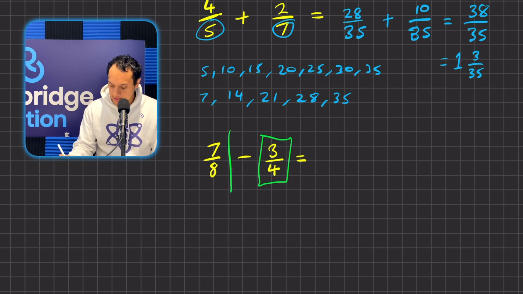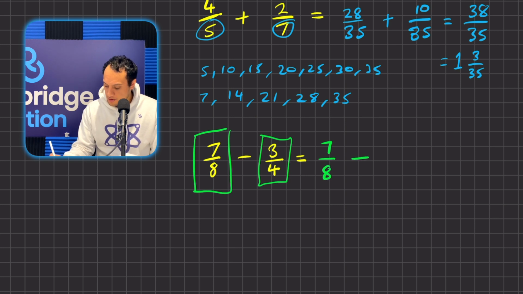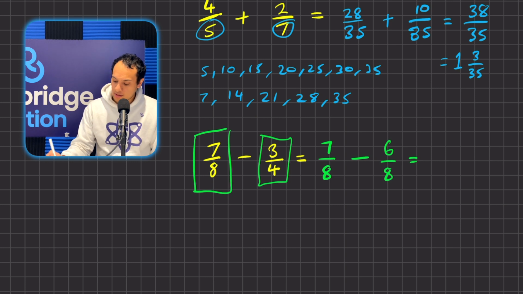And this already has 8 in it. So 7 over 8 is already 7 over 8. So it's fine. So we're going to rewrite that. So you've got 7 over 8, subtract 6 over 8. And then again, we're going to subtract the tops. So we get 1. And then the bottom remains the same.